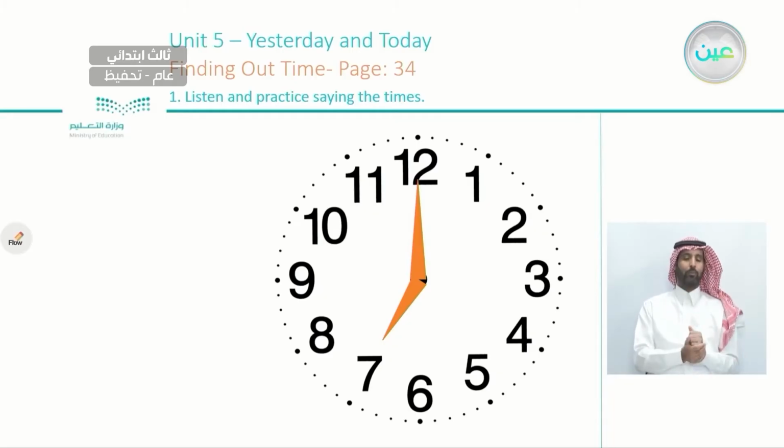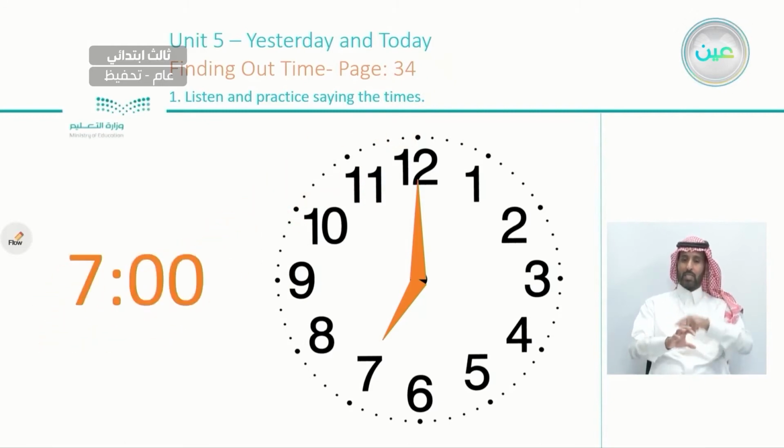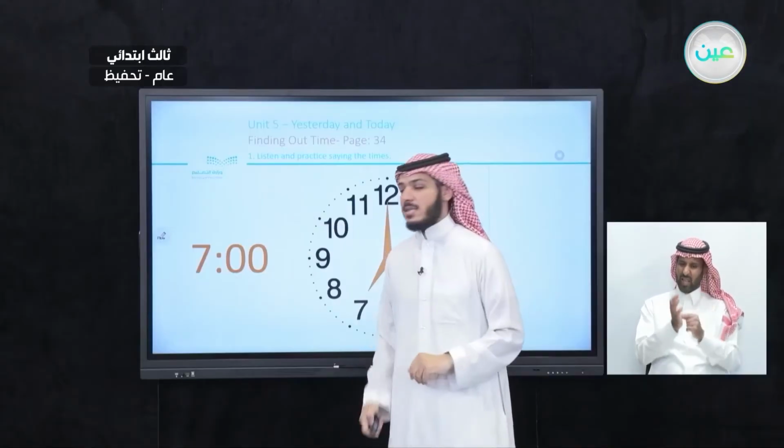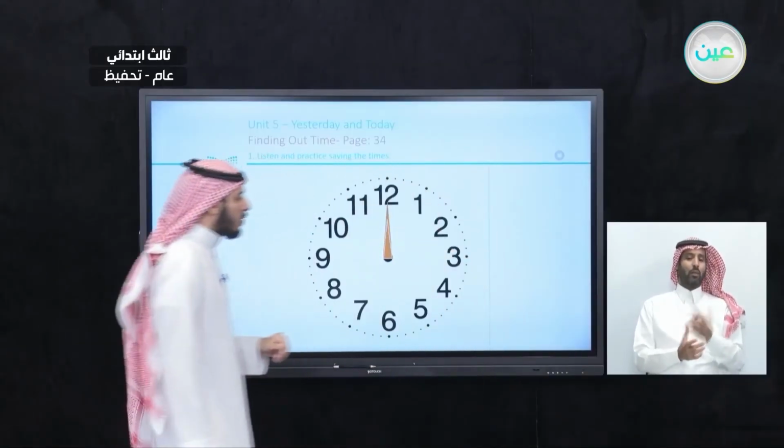Can you tell me what time it is? 7 o'clock. Excellent. Look at the short one: it's on 7 and the long one on the 12. That means 0. Excellent.